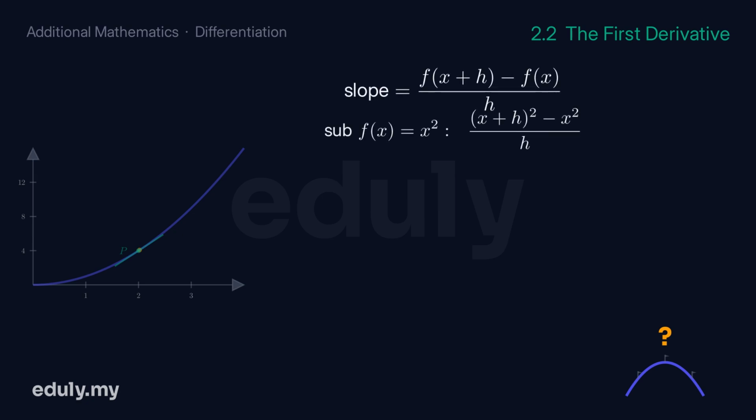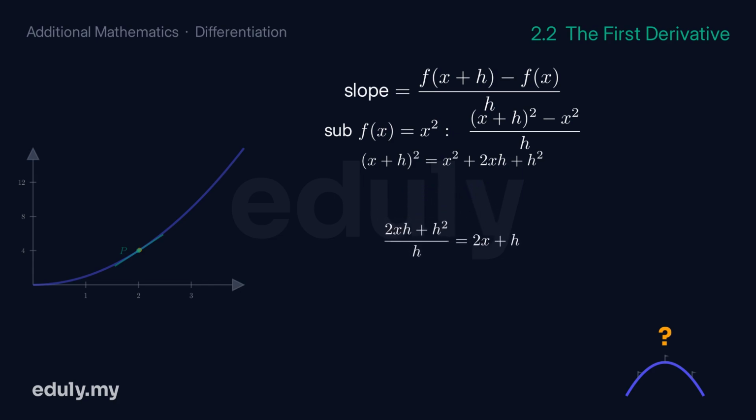Let's write that sliding in idea in symbols. The chord's slope is f of x plus h minus f of x all over h. For y equals x squared, expand that out. Put that expansion back into the fraction. The plus x squared and the minus x squared are exact opposites, so they cancel and strike out completely.